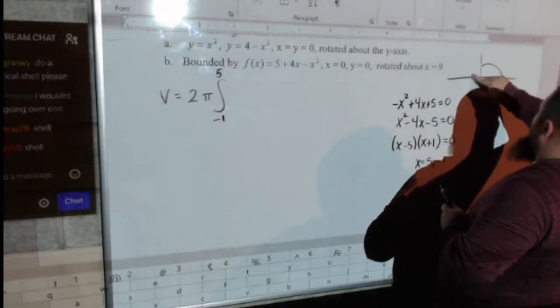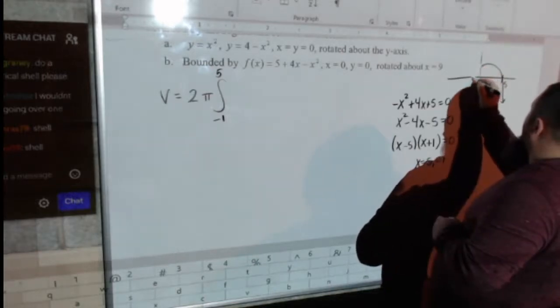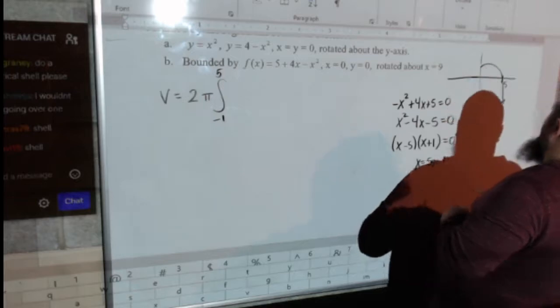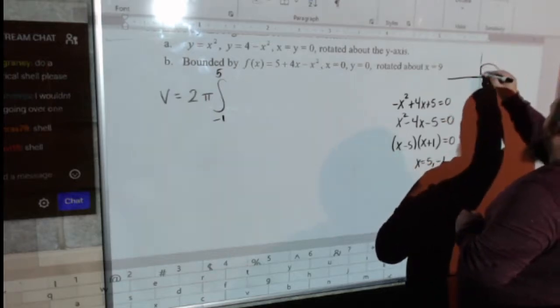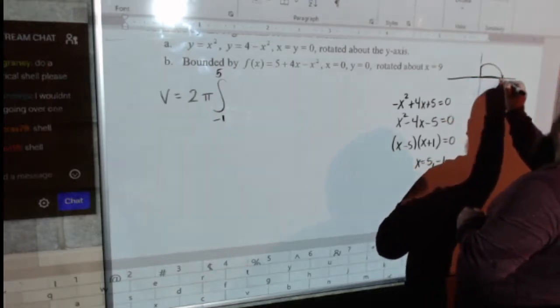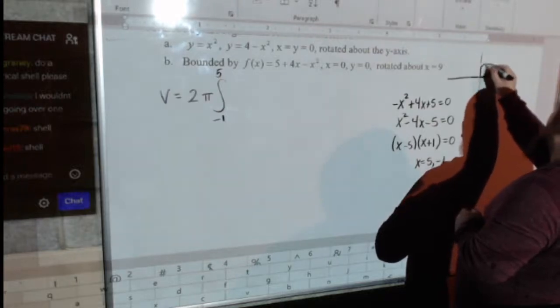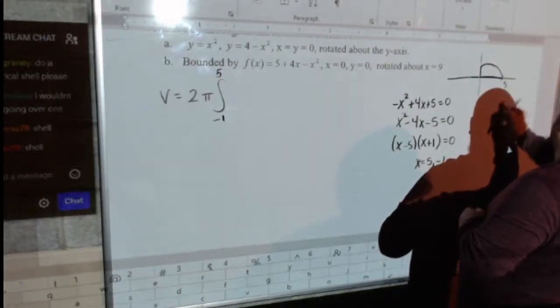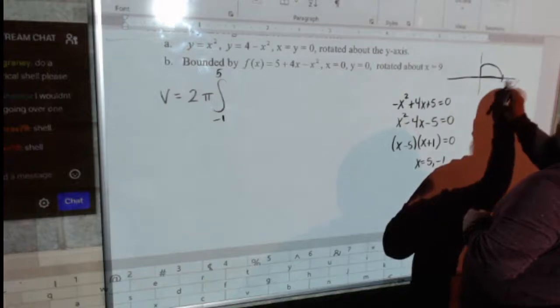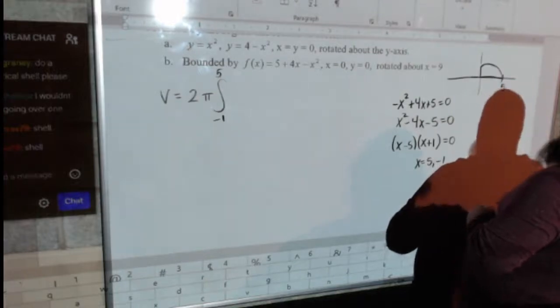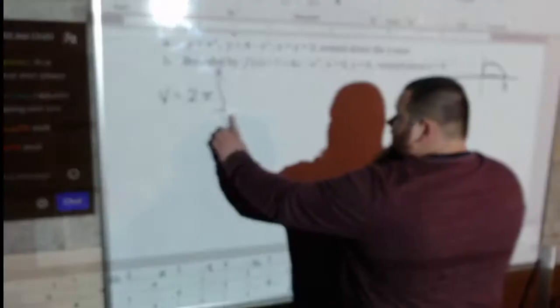So we got to make sure to read all of our instructions. So we're actually rotating this right here. And so that makes this bound 0.